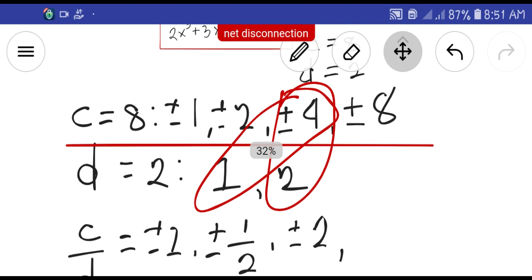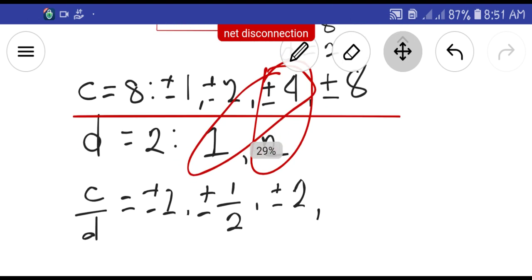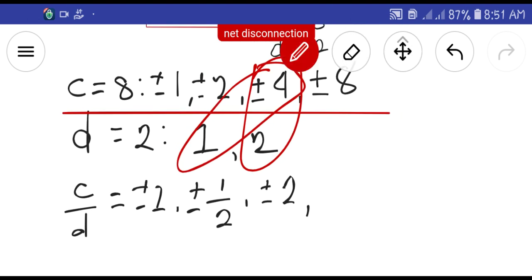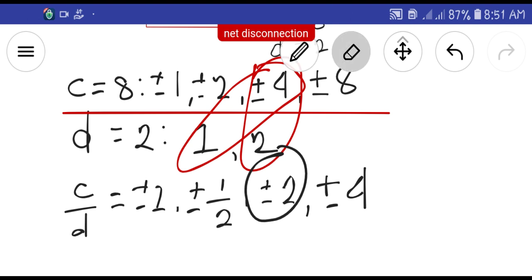The quotients of this are positive and negative 4, and supposedly we can have 2, but we already have 2 here, so there's no need to repeat the quotient.